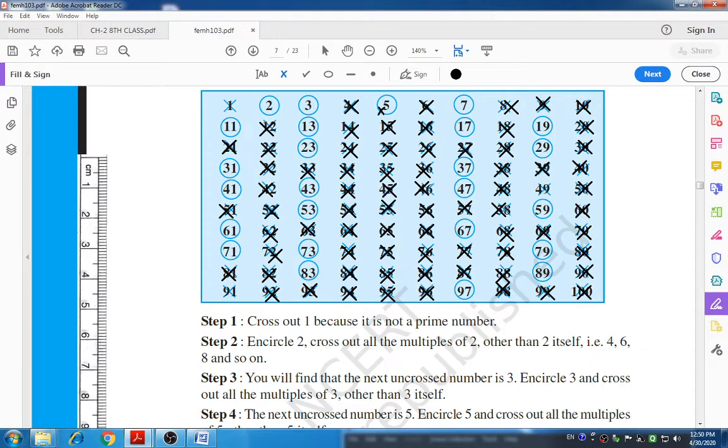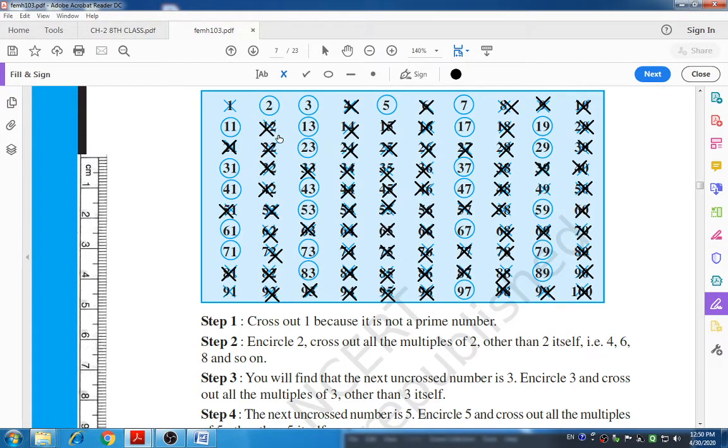Look at this carefully. Whichever numbers are circled, all are odd. Only 2 is the even number which is a prime number. That means the first point is 2 is an even prime number.